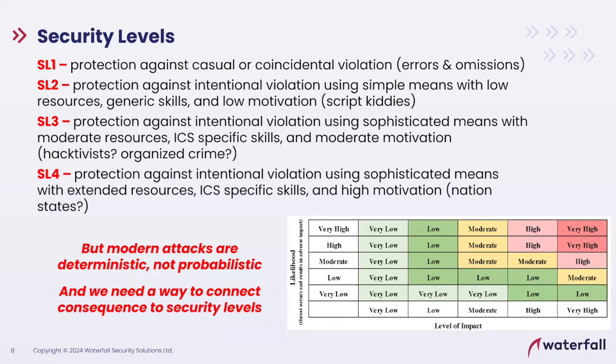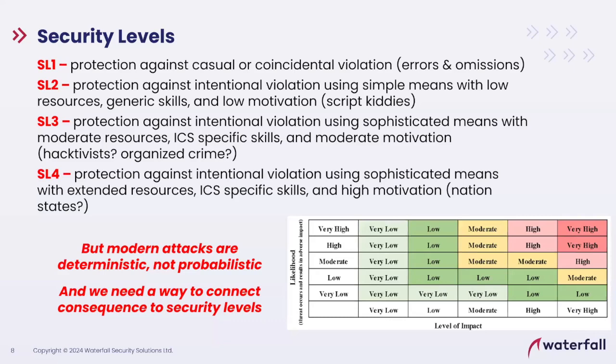SL2 is protection against determined, deliberate attacks by attackers who don't have a lot of resources, like script kiddies, who download stuff, they press a few buttons, they want to do some damage, but they really don't know what they're doing.